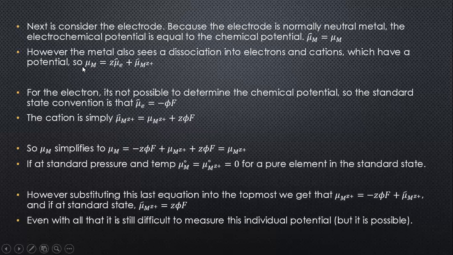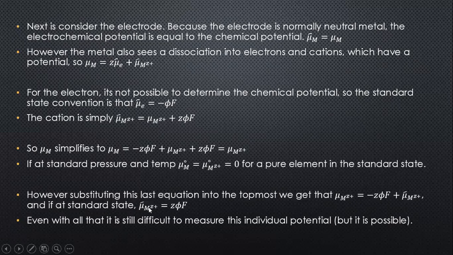These two are equal, and over here, we can say the chemical potential of the cation is negative Z beta F, which is this guy, the ECP of the electron, plus the electrochemical potential of the cation.